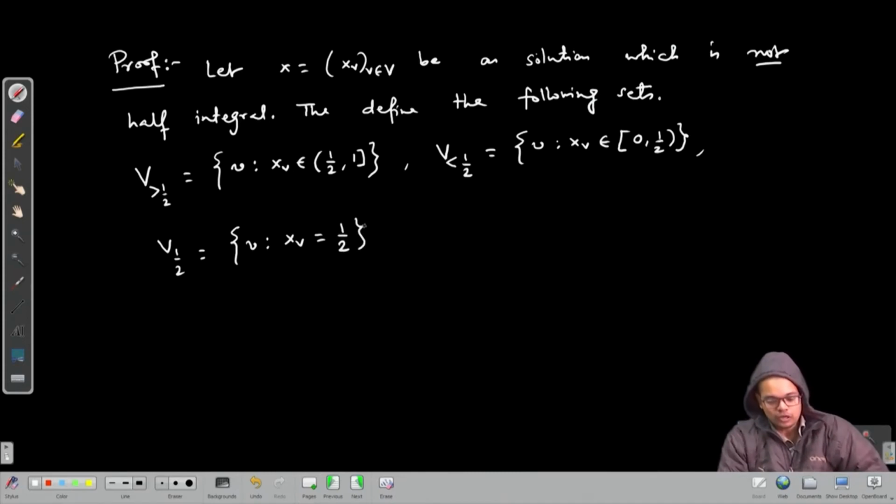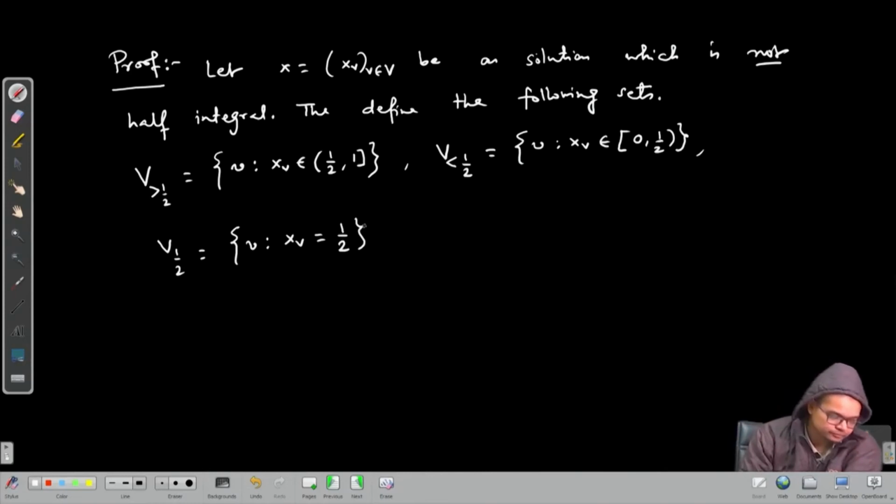Now using these sets we define two other solutions and show that X is a convex combination of those two solutions.